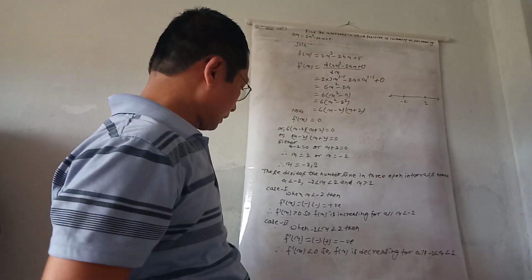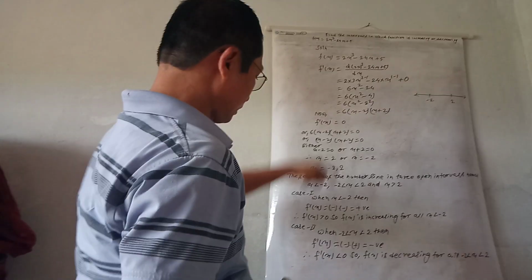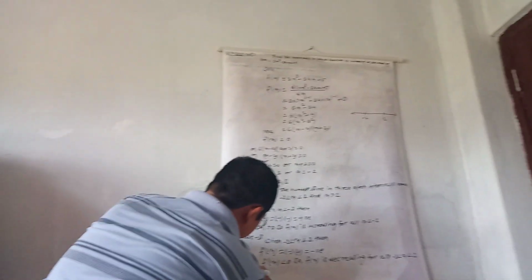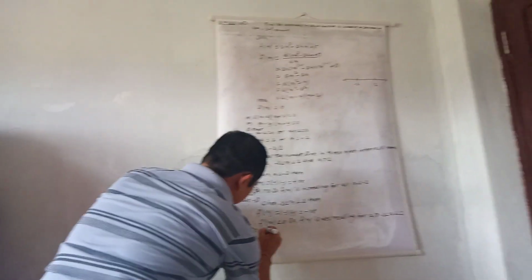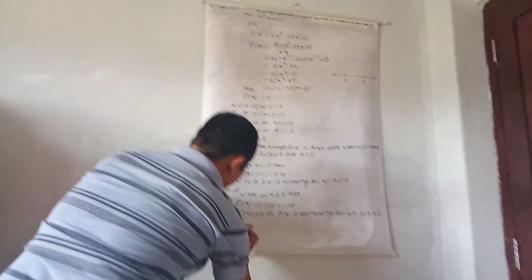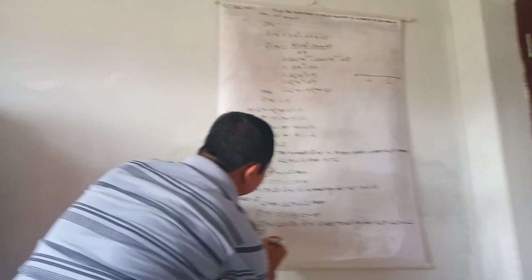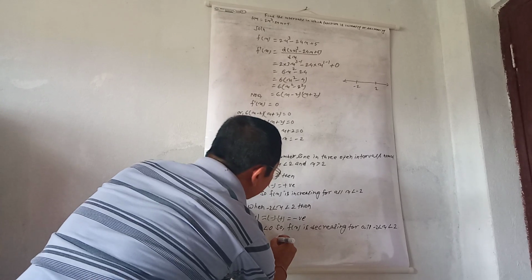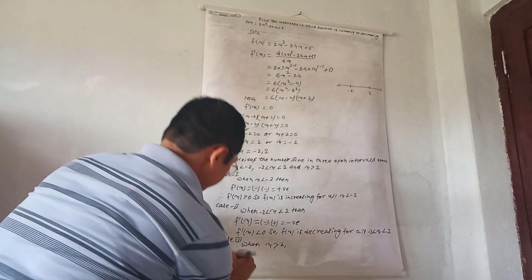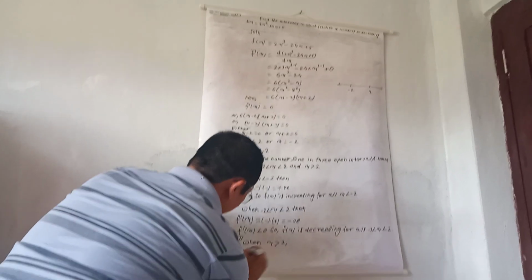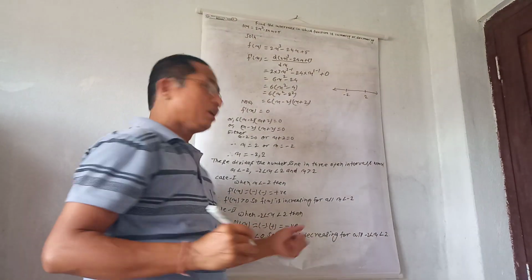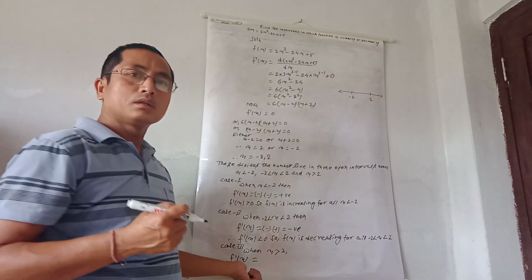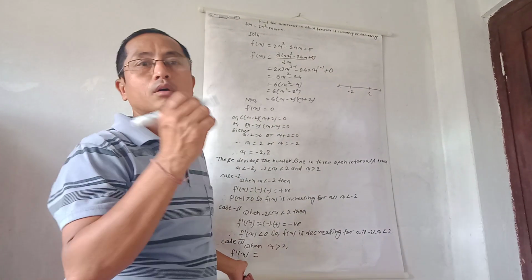Now third case. Look at the third case. In the third case, x is greater than 2. Then again we have to calculate the value of the derivative, either positive or negative.